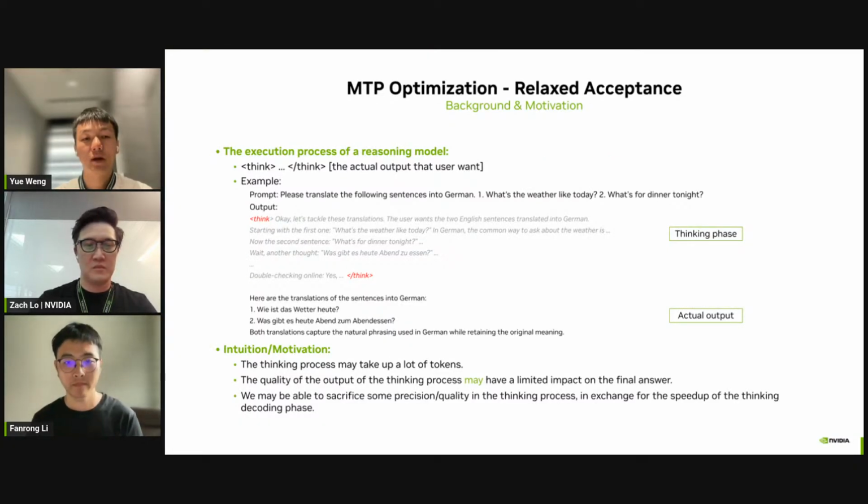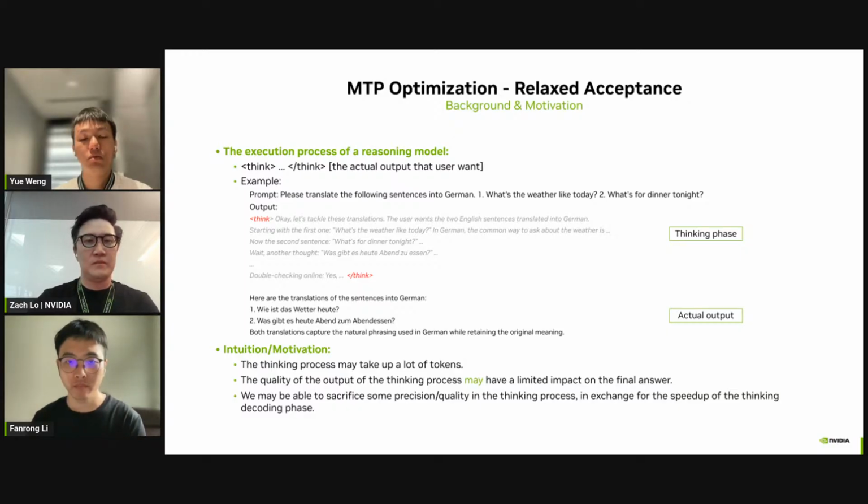Let's talk about the background and the motivation first. We know that models with reasoning ability, such as DeepSeek R1, will first break down and analyze the problem at the beginning, just like we humans think about problems. The model will gradually get some answers and finally output the response that the user wants. We can take this as an example.